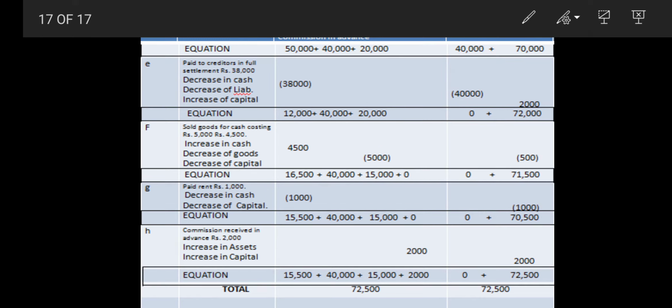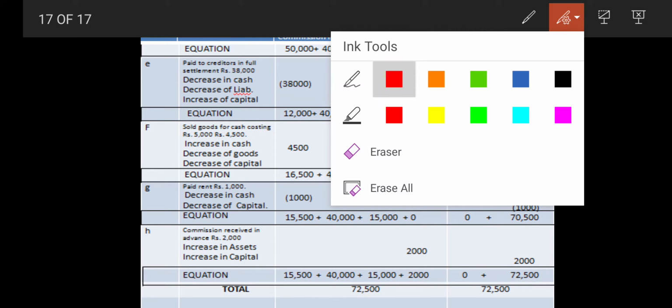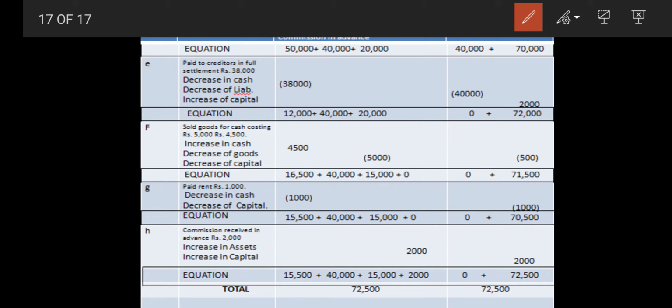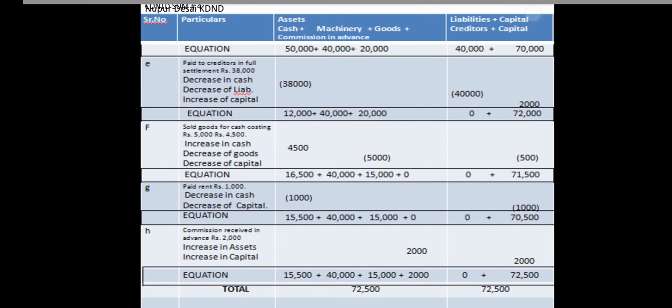Now comes next, sold goods for cash costing 5,000 for rupees 4,500. Now in this case, the goods are of 5,000 which we are selling for 4,500. So there is a loss. It is seen there is a loss of 500. So first of all, what we will be doing is goods 5,000.